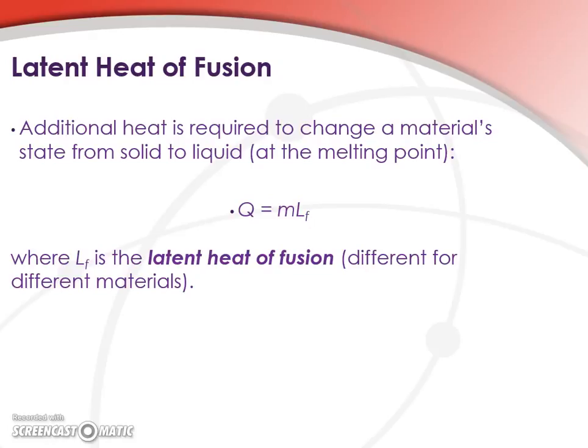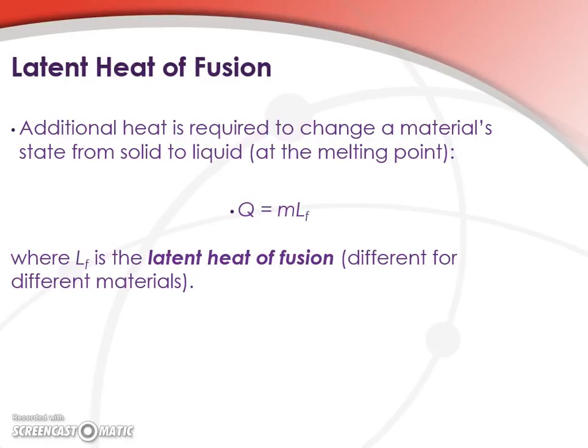If we want to talk about changing a material's state from solid to liquid, we'd call it latent heat of fusion. This heat of fusion, no great shock, is different for different materials.